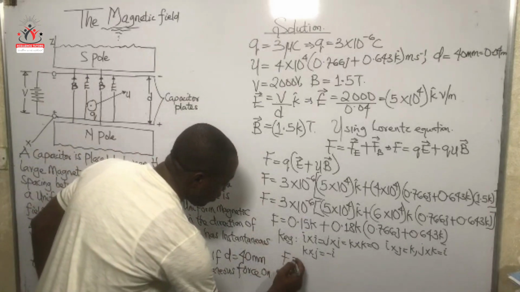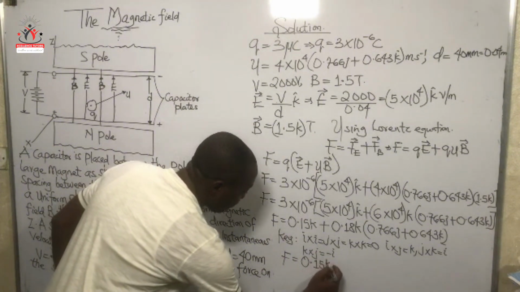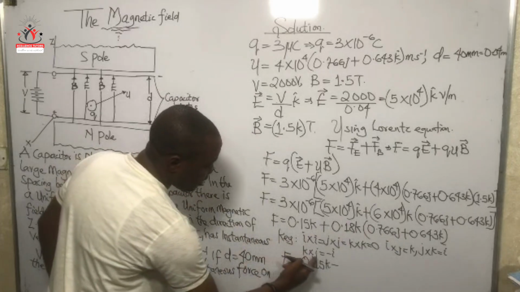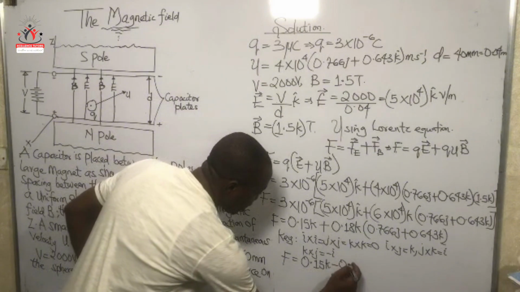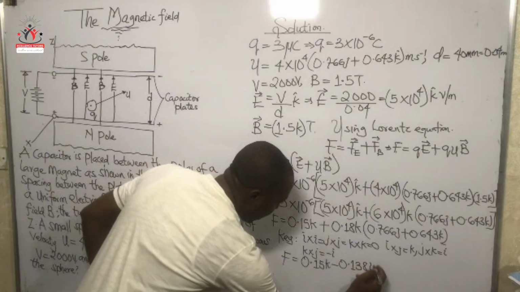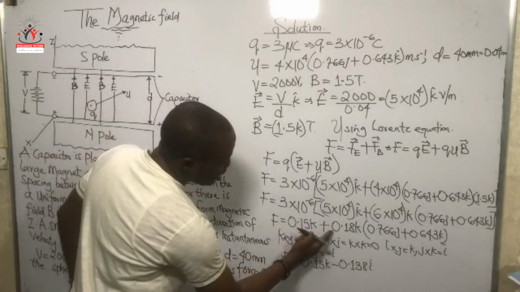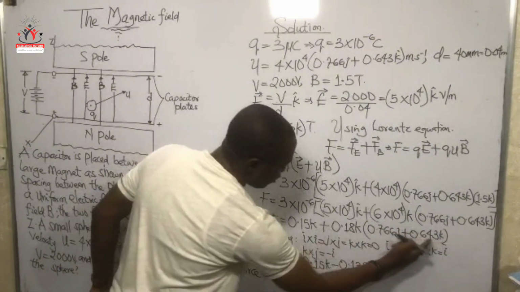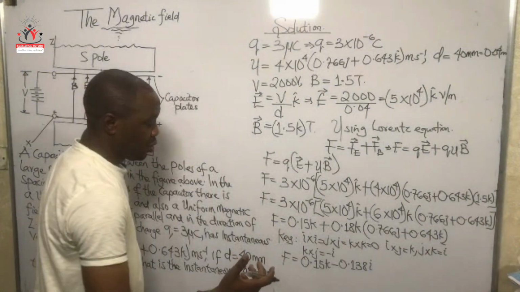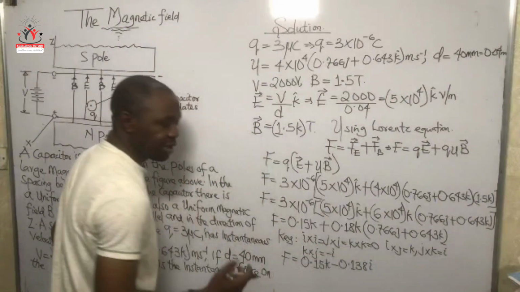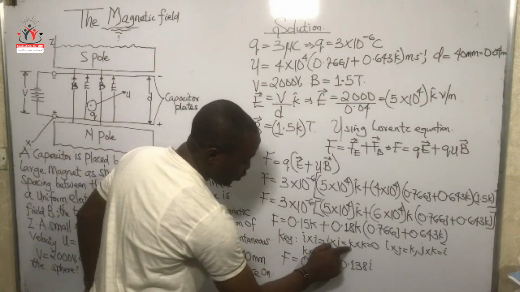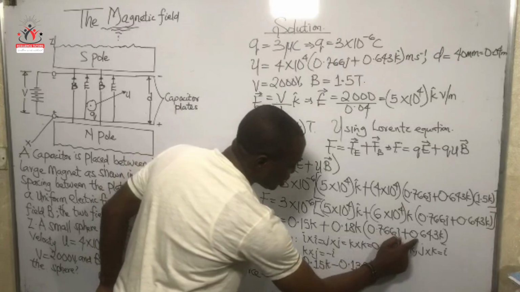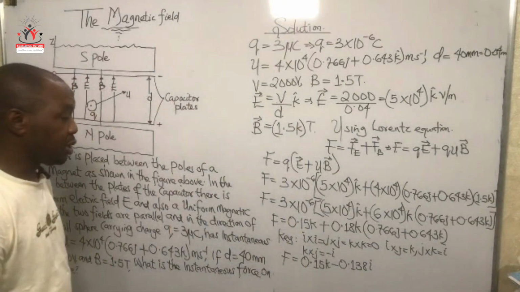That means F equals 0.15K minus 0.138I, because remember in the cross product, K times J is negative I. Now when we multiply 0.18K by 0.643K, because K times K using the cross product is 0, multiplying this by 0.643K makes it 0.